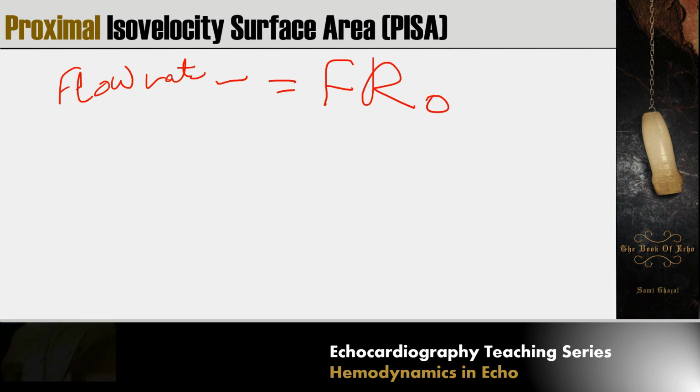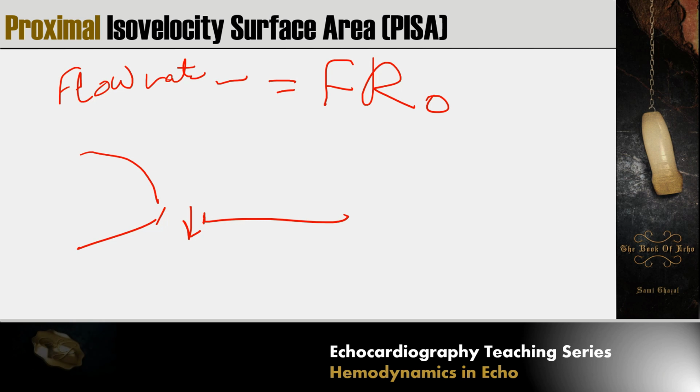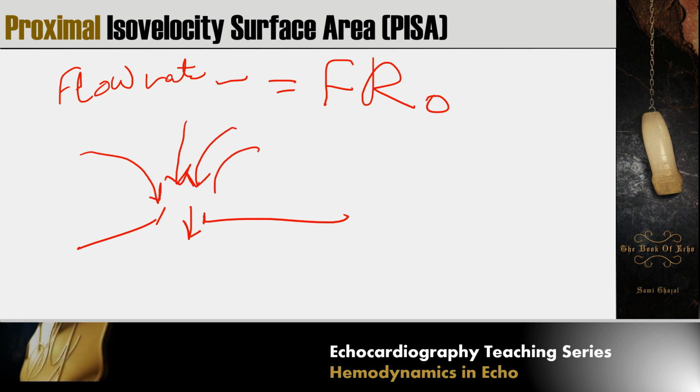There is one phenomenon that, if there is an opening, let's say this is an opening here, and flow is coming through that opening, the closer the flow is to the opening, the more the velocity increases.